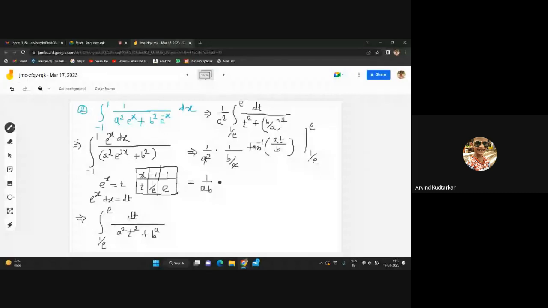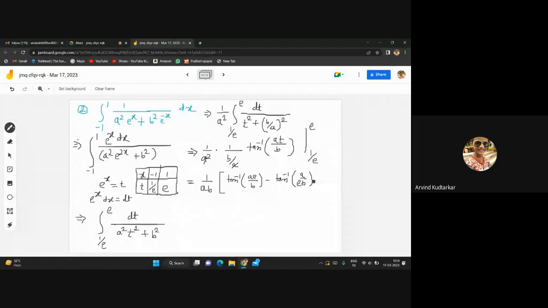tan inverse of, पहिले तो क्या करना? अपर लिमिट सबस्टिट्यूट करना. When you substitute their upper limit, what is that upper limit? Tan inverse of e by b, and t ची व्हॅल्यू काय असणार? 1 by e means what? 1 by eb.